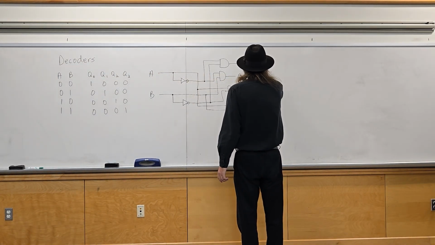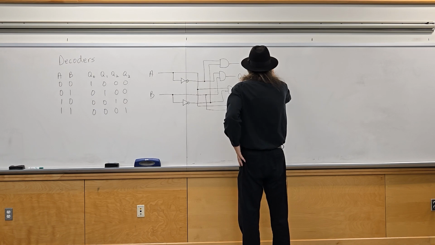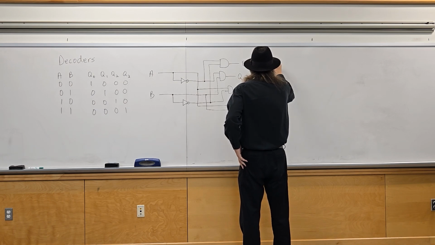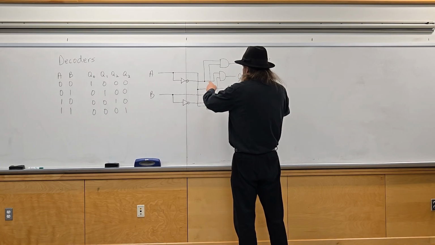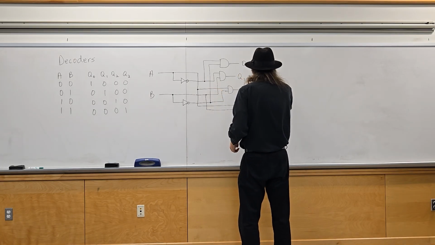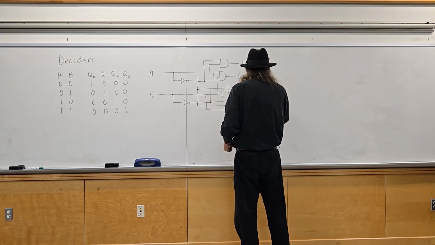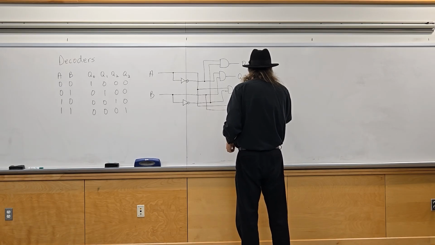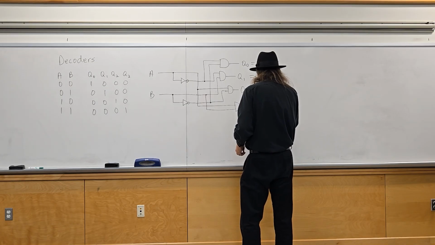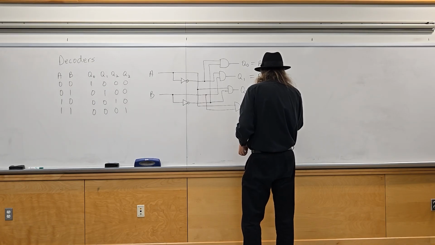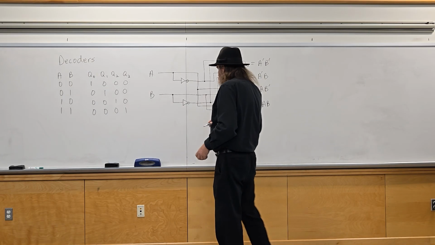So Q0 equals A prime B prime. Q1 is A prime B. A B prime for Q2, and AB for Q3.